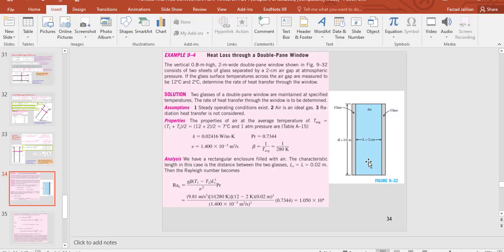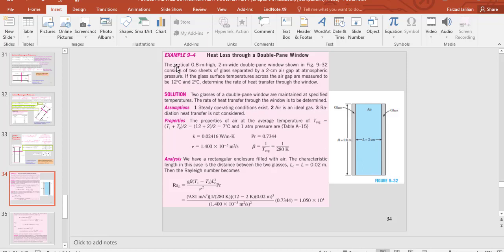If the motion of the fluid in this enclosure, which is a double pane window, is enough to have convection heat transfer, we should also calculate the convection heat transfer plus the conduction. So if the air is in motion naturally due to the temperature difference between these two surfaces, then we have convection heat transfer.